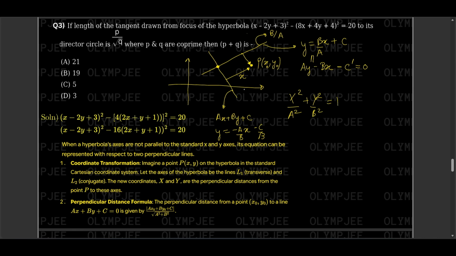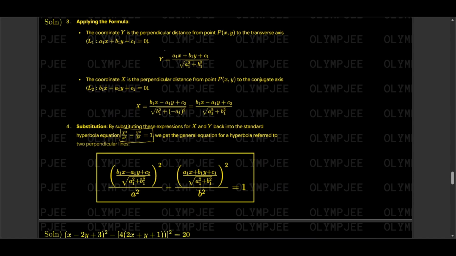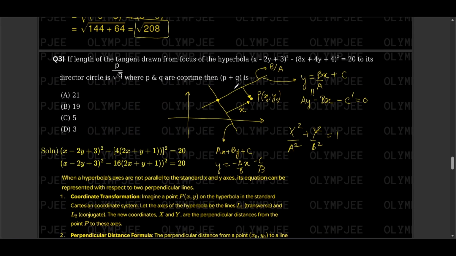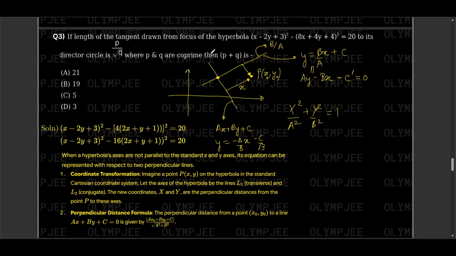So if we want to convert it with respect to this original axis, we have to use this formula, right, which we obtained. So this is the equation that we will be using to solve the question, because we can see that this is of the same form.